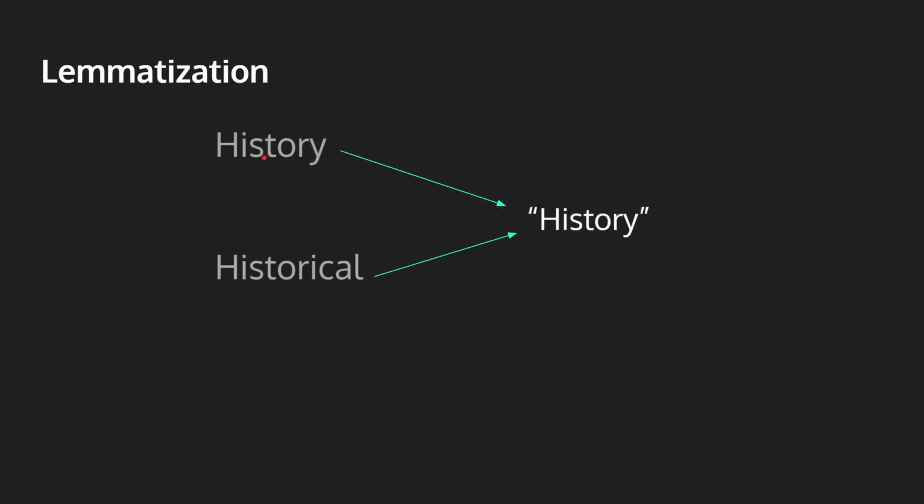Now, our next term is called lemmatization, and what it basically does is overcome the disadvantages of stemming. Lemmatization does the same thing as stemming, except now we are converting the similar words into meaningful words. In our case, it will be converted to history, which is a meaningful word.